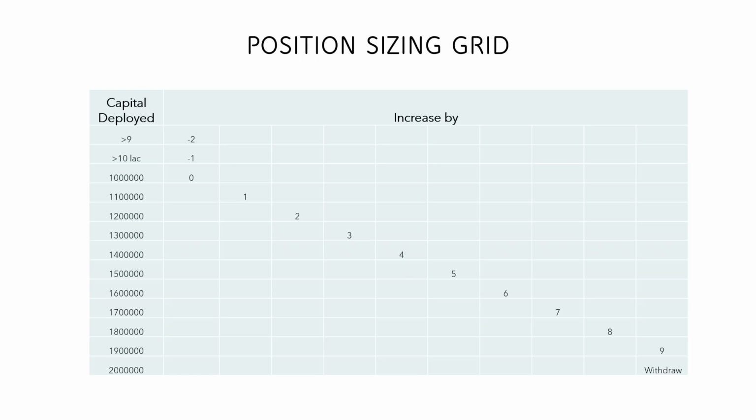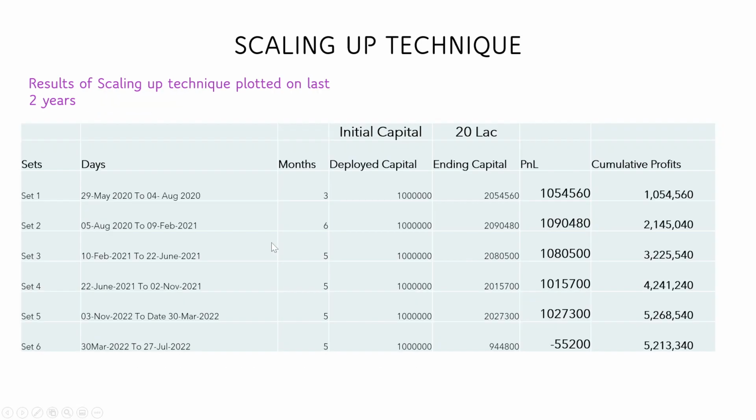How many lots were traded for capital of 20 lakh? It is 10 lots. Let me show you again. So this is the grid. Initial capital is 20 lakh, so we start with 10 lots only, and then we scale up as we get profit.